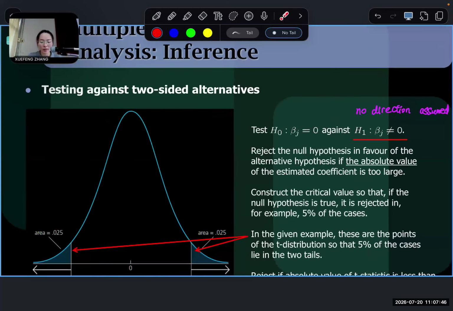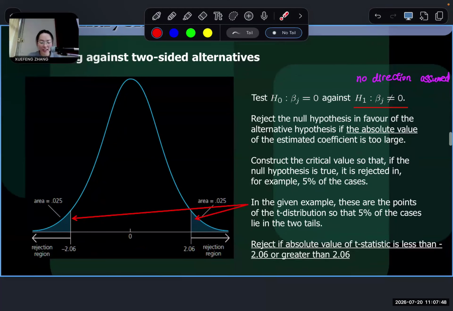So since we don't know the direction in advance, we reject H0 when beta j hat is too large in either direction. Is it too positive or too negative? That's why now we have two rejection regions, one in each tail, the right tail and the left tail.